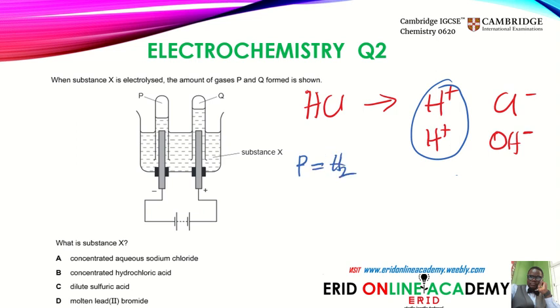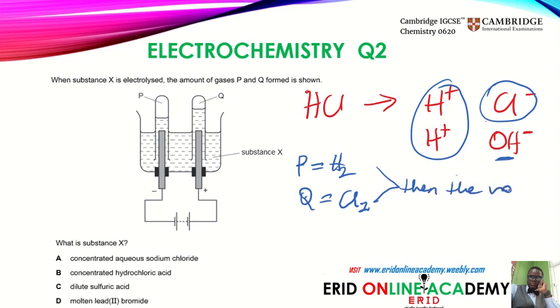Is hydrogen. But for Q here, since it's concentrated hydrochloric acid, chloride will have a concentration advantage, and so it will be discharged in preference to what? To hydroxide ion. And we have established in the first place that if Q equals chlorine gas, then for this to hold, the volume of P and Q should be the same.